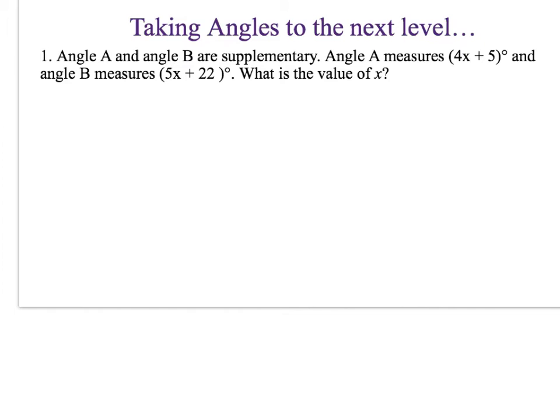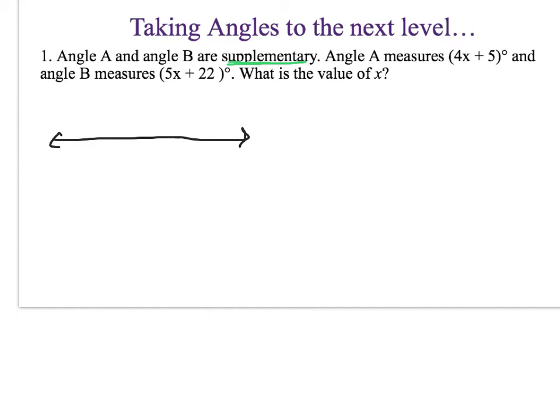So first things first, the biggest thing I see is that these angles are supplementary, which means they're on a straight line and they're equal to 180 degrees. When I have a problem like this, I should draw a picture to visualize what's going on in this problem. So again, supplementary means a straight line.